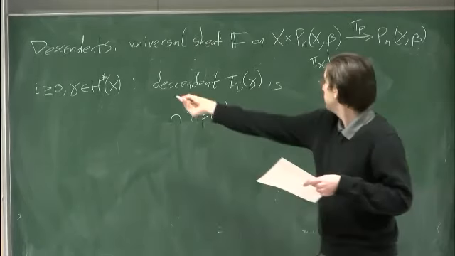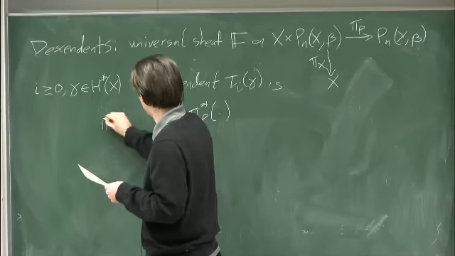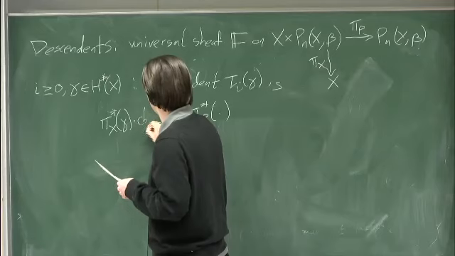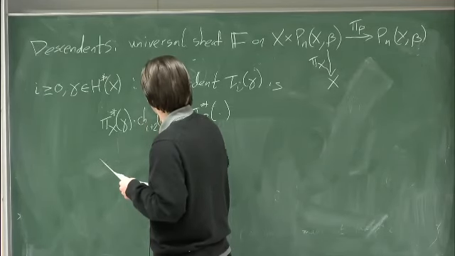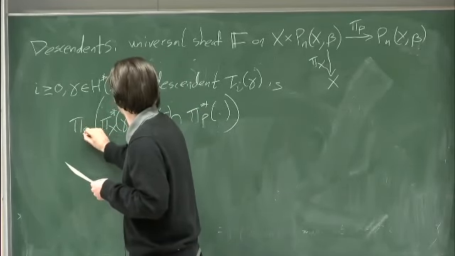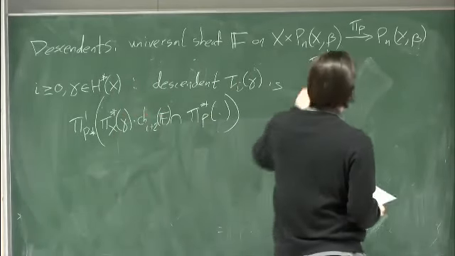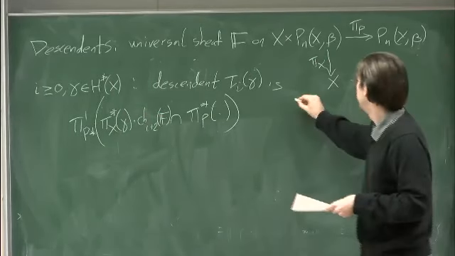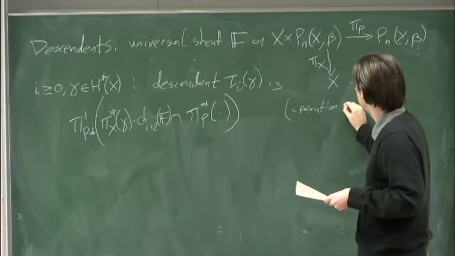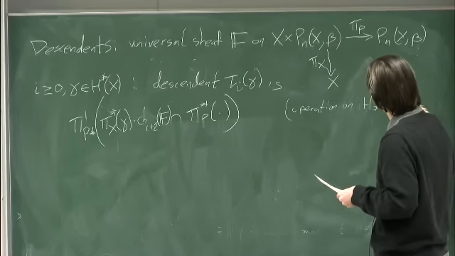The other is an integer that parameterizes which Chern character we take. And then we push it back over to P_n(X, beta). So this is an operation on cycles on P_n(X, beta).